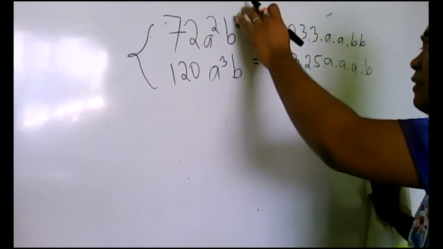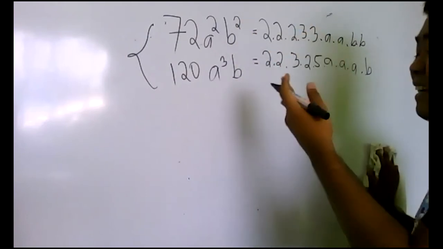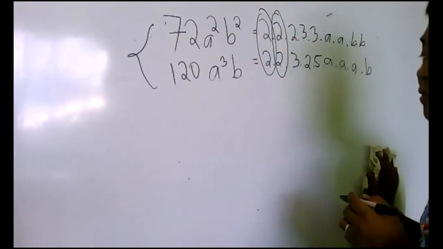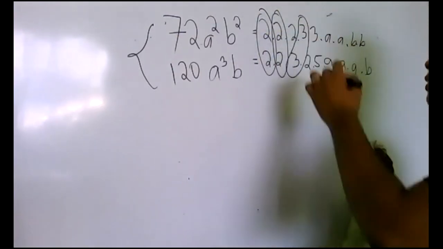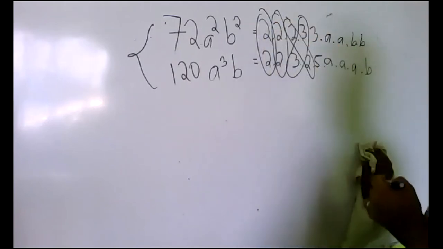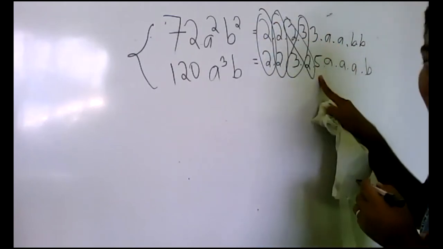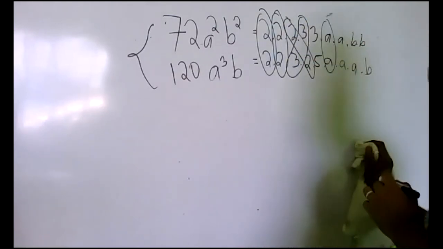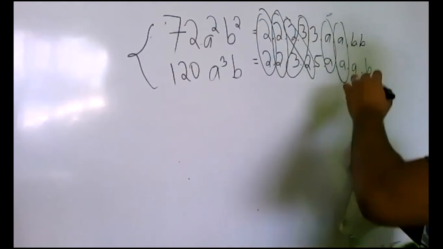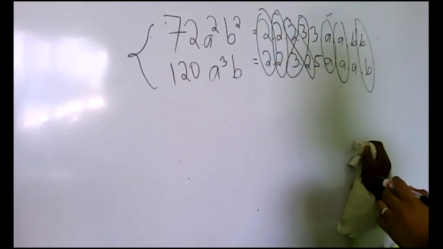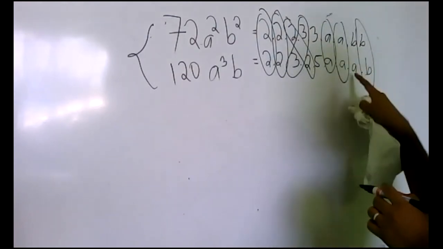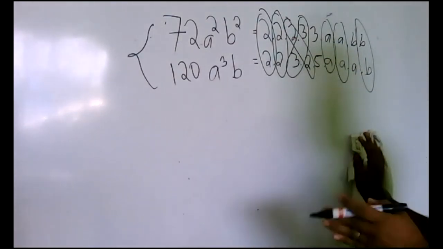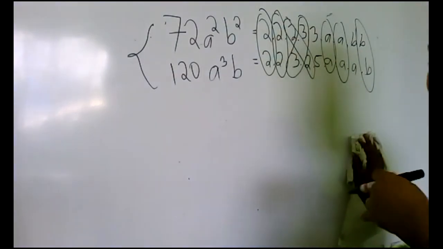So, encircle all the factors that are the same with the other term or the second algebraic expression. We have 2, 2. What else? We have 3, 3. We have 2, 2 also. How about 3 and 5? No. Okay. How about the variables? We have A. We have A. And we have B. So disregard B and A because they don't have the same factor with the other algebraic expression.